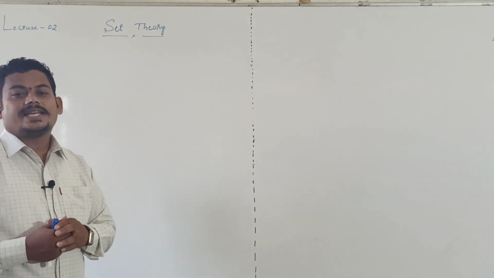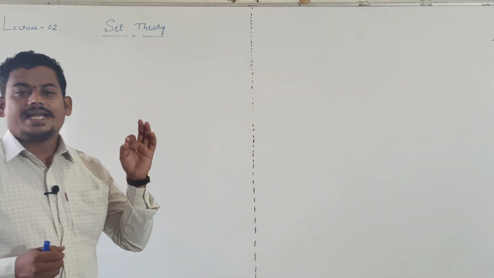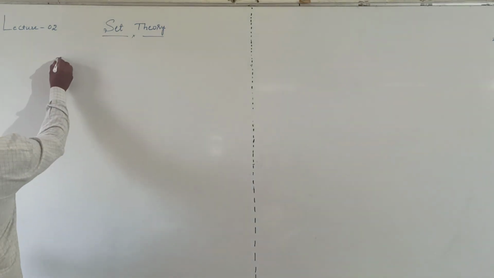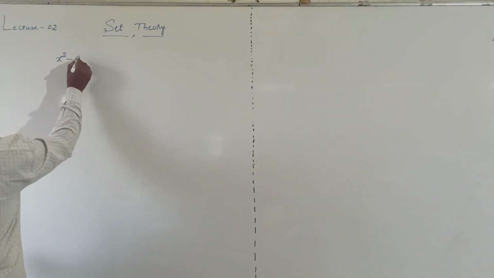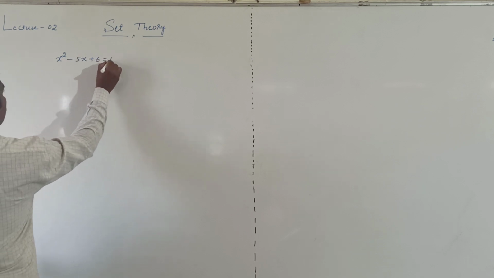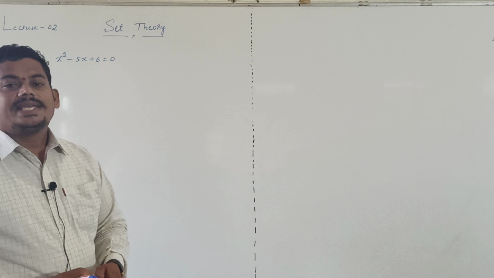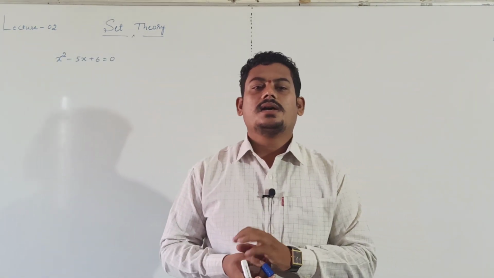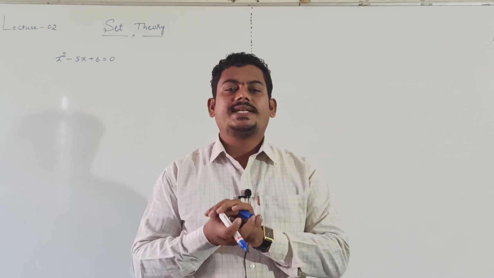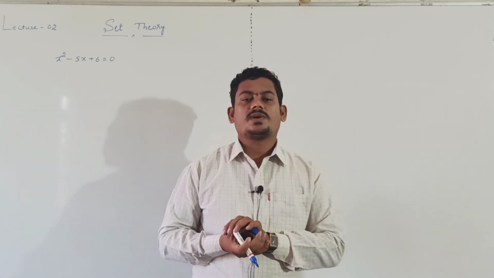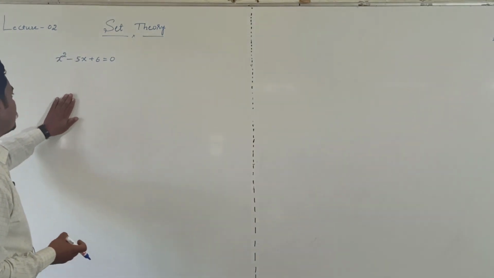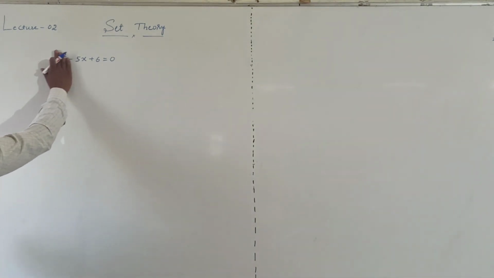Write the solution set of the equation x square minus 5x plus 6 equal to 0 in roster form.